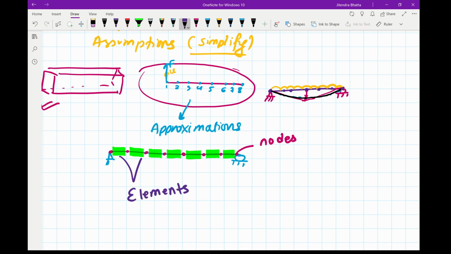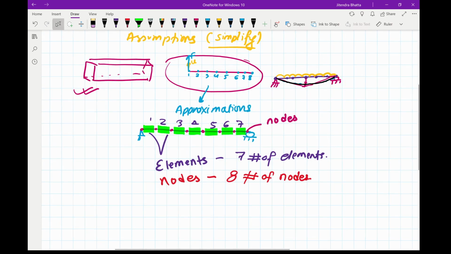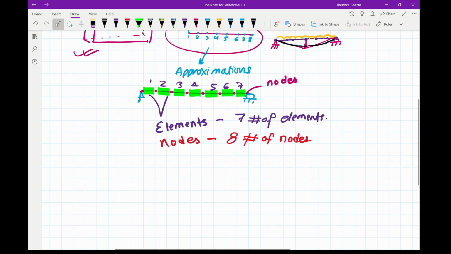Now you can see that in this beam there are a finite number of elements. So there are 7 elements and there are 8 nodes.